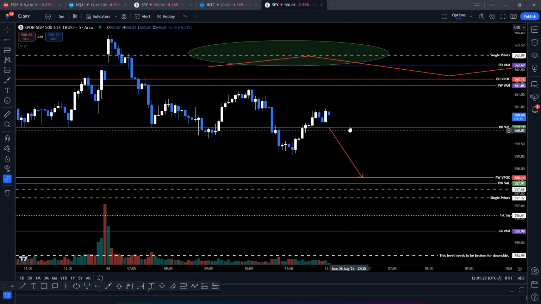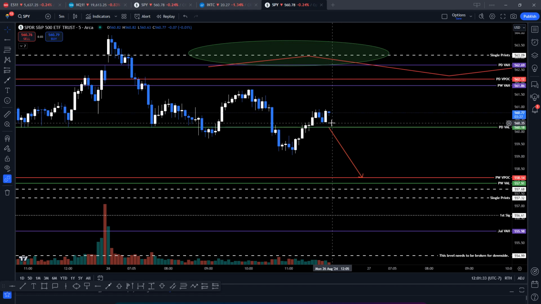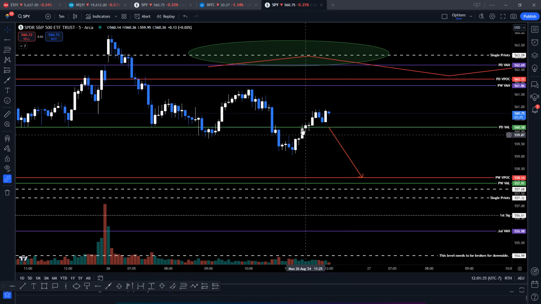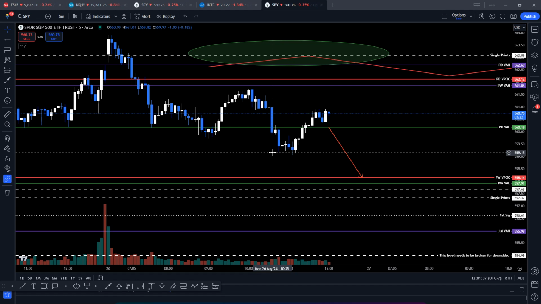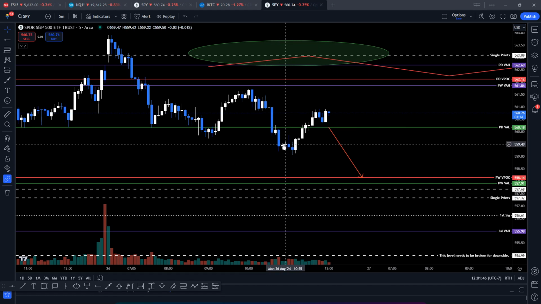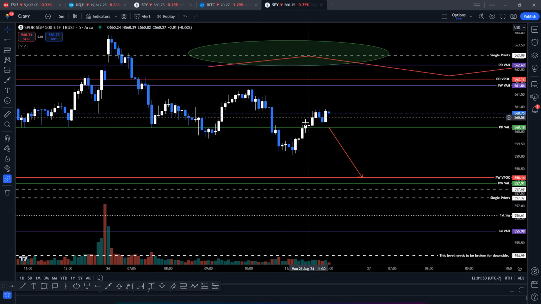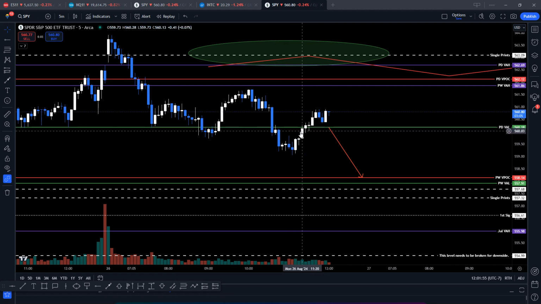Just when you take a trade this size, you're going to get stopped out more than if you were taking a smaller trade. But as long as you're using one risk to reward, it really doesn't matter. You shoot your shot, you take your trade, and sometimes it's going to work, sometimes it's not. In this case, it went against you, but it's not because you did anything wrong. This is a great setup.